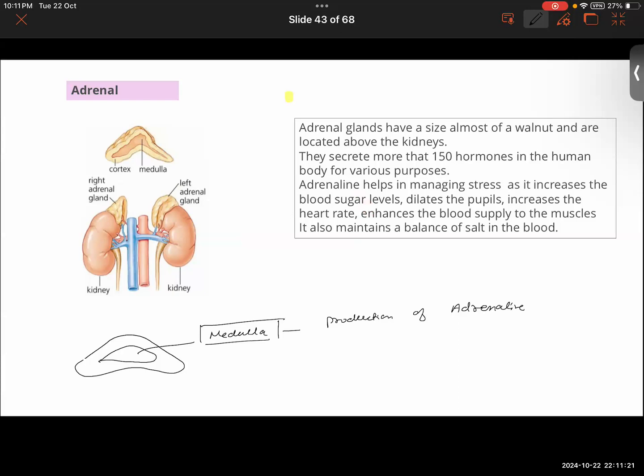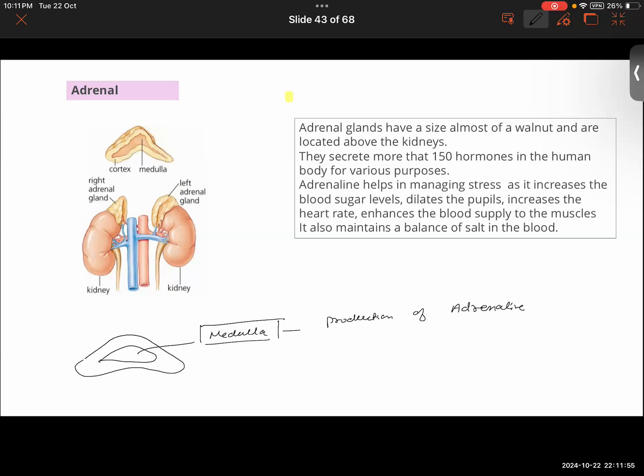Another effect is that it dilates the pupil also. Understand what the pupil is now? There are several reasons why pupils can get dilated. For example, if you are in a dark room, the big black dot that you see in your eyes is the pupil.